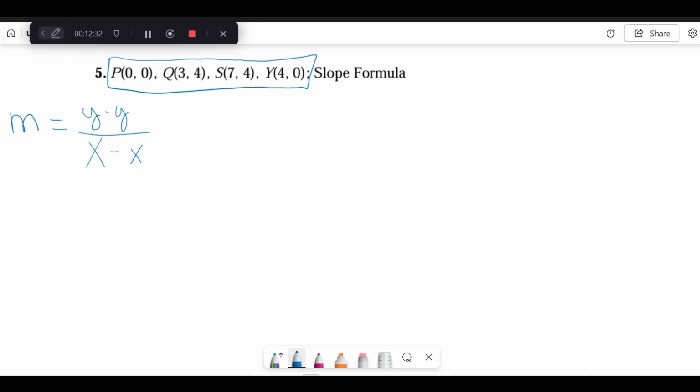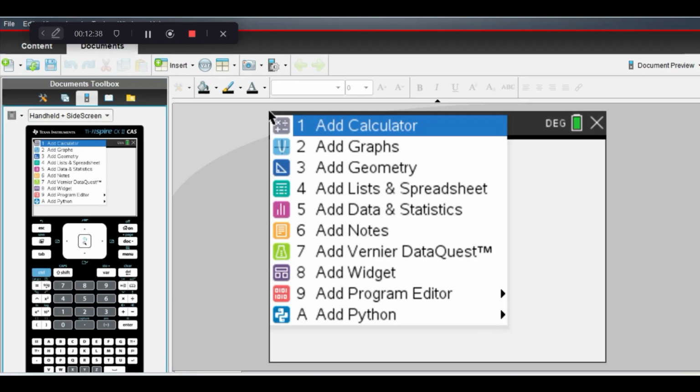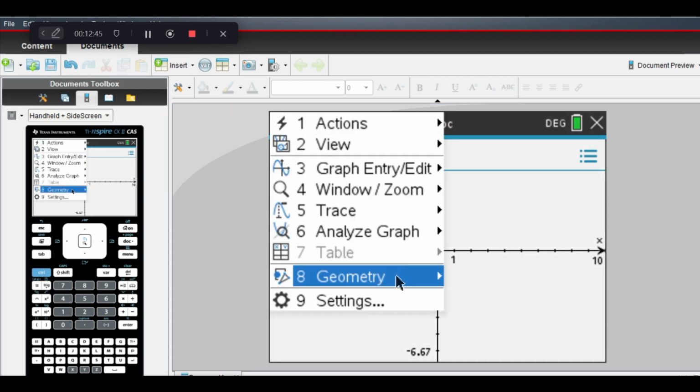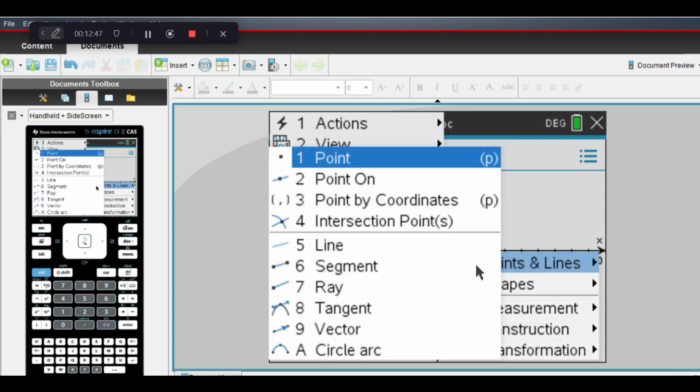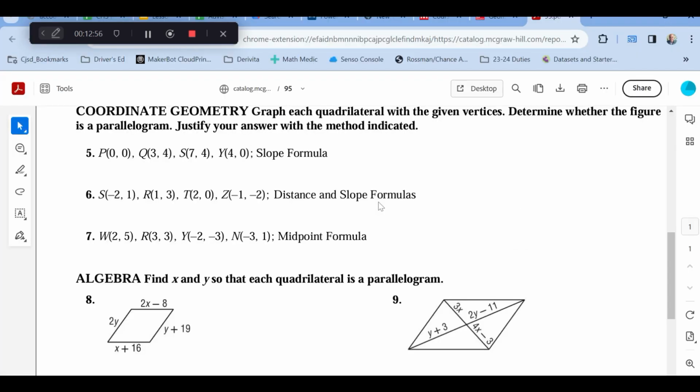And I think I'll use my calculator for this. So what I would do is I'll go to my calculator, add in a graph page. Then I'd use the menu, geometry, points and lines, and point menu. If I use my point menu, then I can just put in the coordinates they gave me.